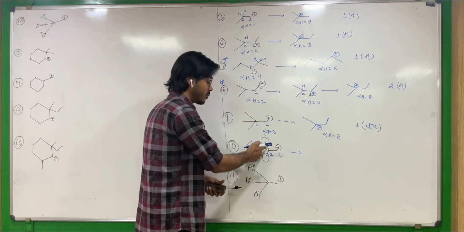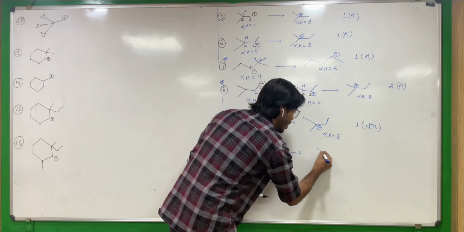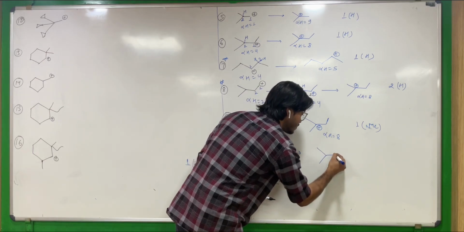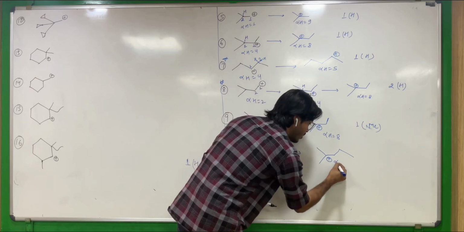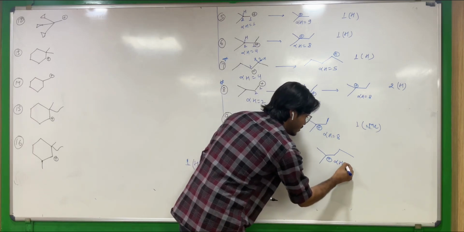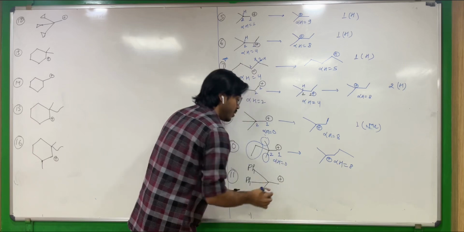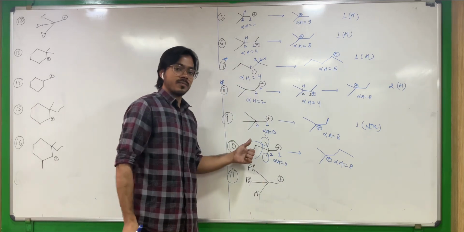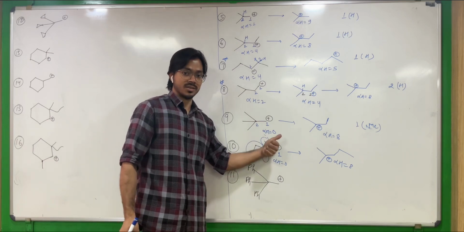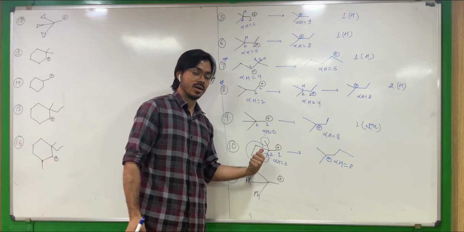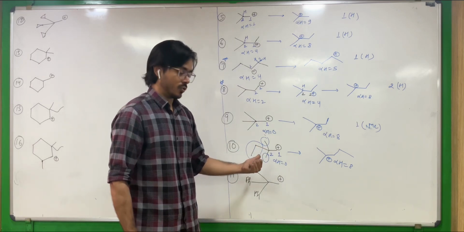Ethyl is larger than methyl, so it will migrate and the product formed will be this. Here the positive charge will come. In this case alpha hydrogen is equal to 8 and in this case alpha hydrogen equal to 0. So this is very important: if alkyl groups are there, the larger alkyl group migrates first compared to a smaller alkyl group. A larger alkyl group has more migrating aptitude.